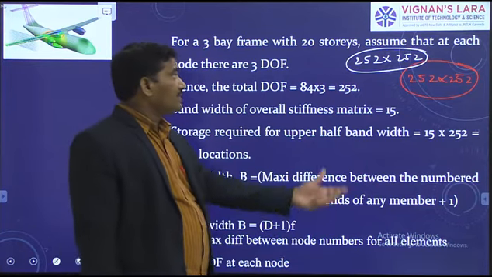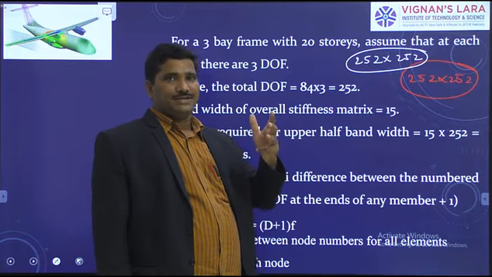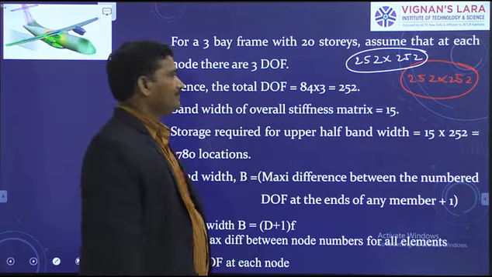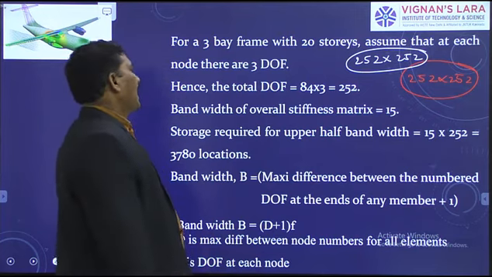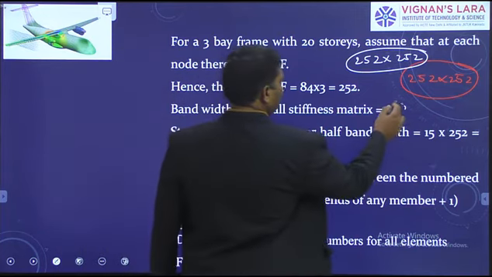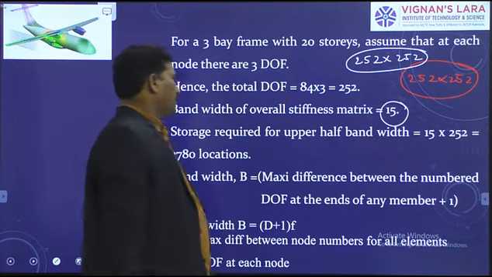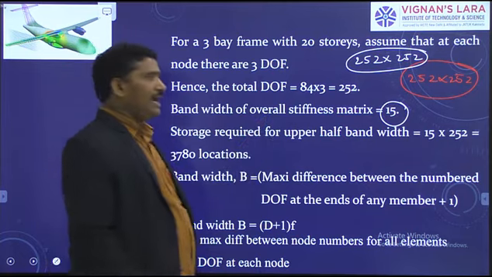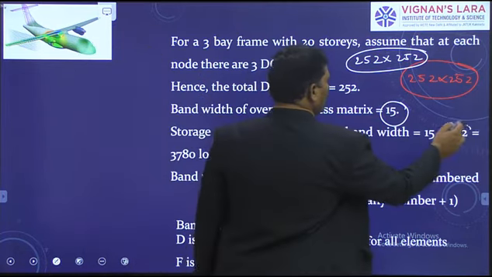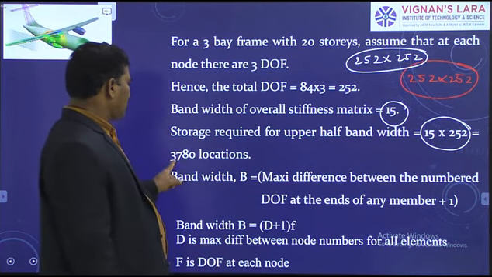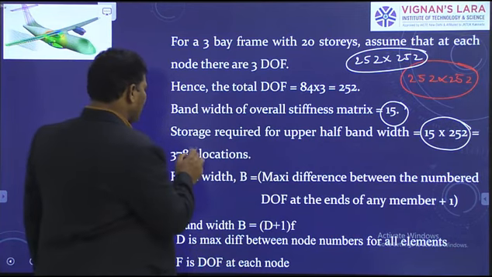Matrices of this size you cannot operate by hand calculations. You have to depend on computers. Right? And the bandwidth of such a matrix is 15. Therefore, the storage requirement for the upper bandwidth is 15 into 252. How many locations? 3,780 locations.